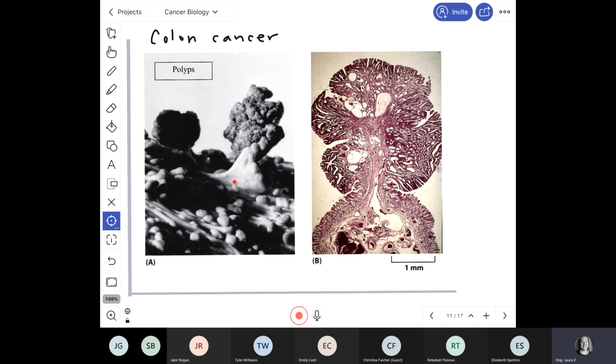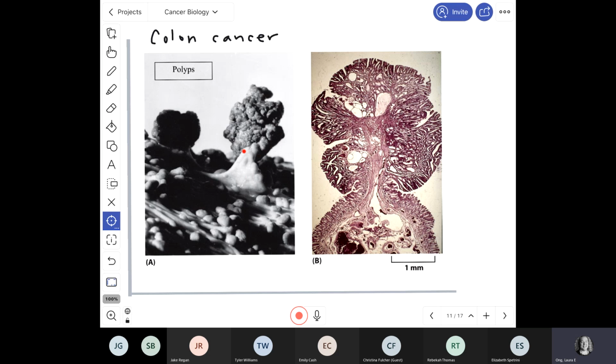It ought to be smooth and shiny, and lying down on a flat surface. But we can see here that this epithelium is merging into a region that we call a polyp.